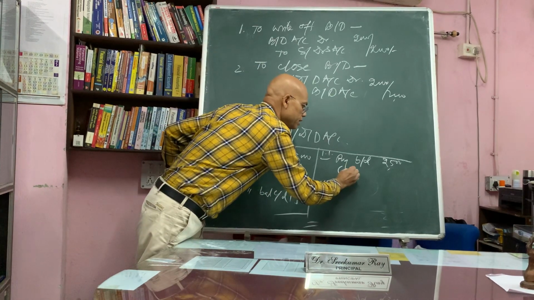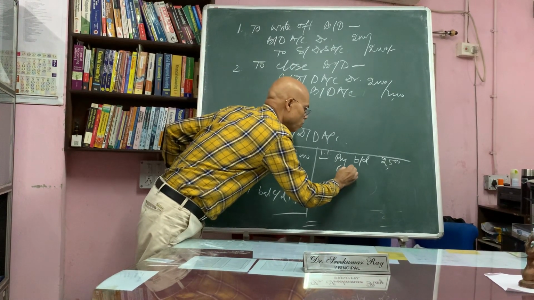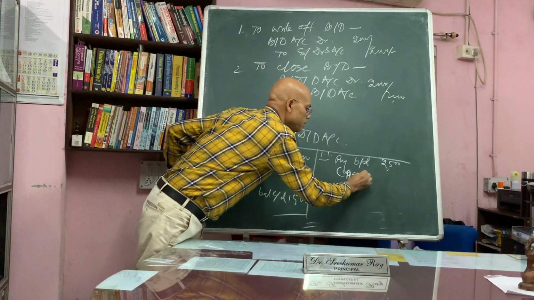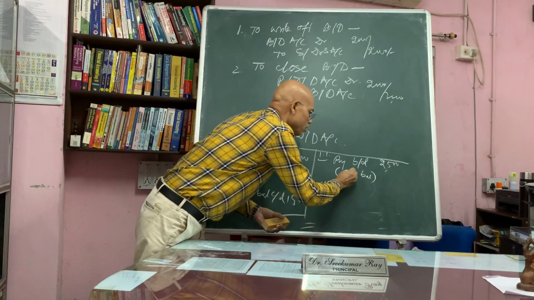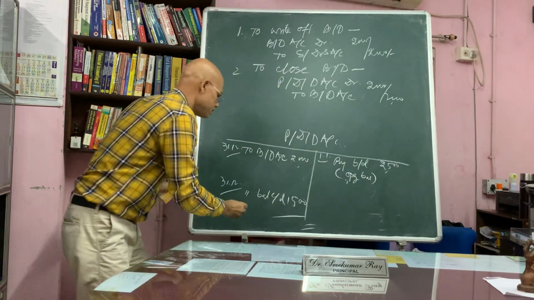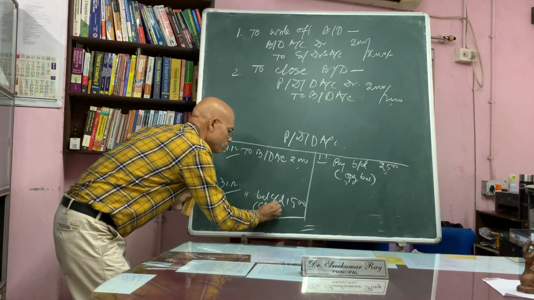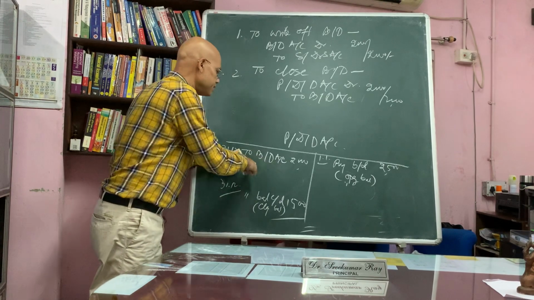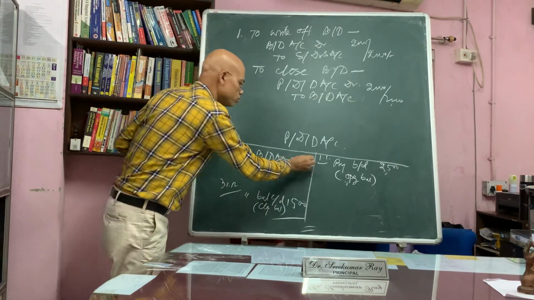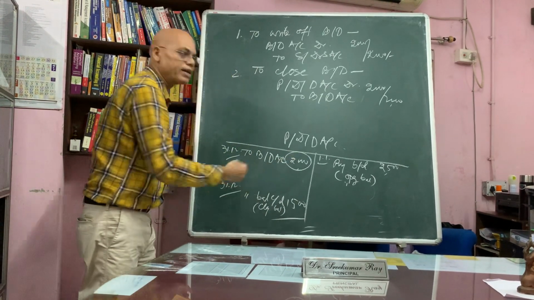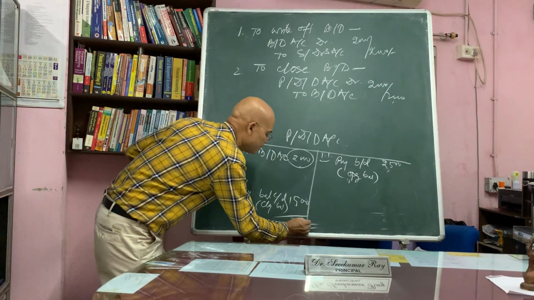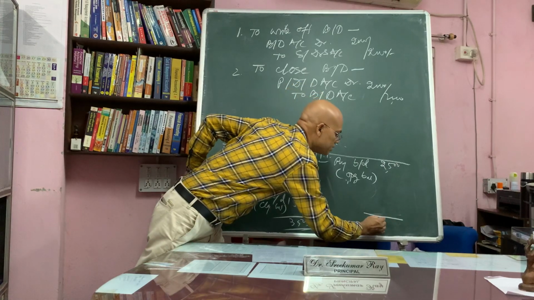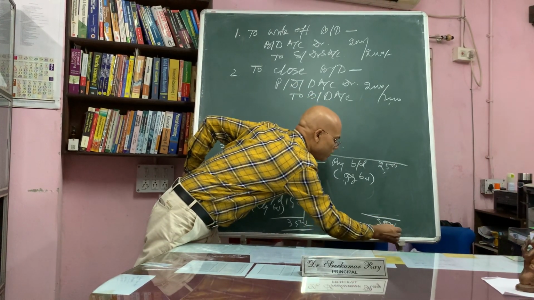Again I am telling, it is the opening balance. This is the closing balance, and this is the bad debt charged during the year, 2000. Then the difference will go to the P&L account. Here it is coming 3500, and here 3500.